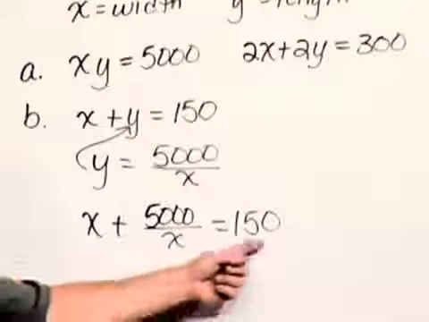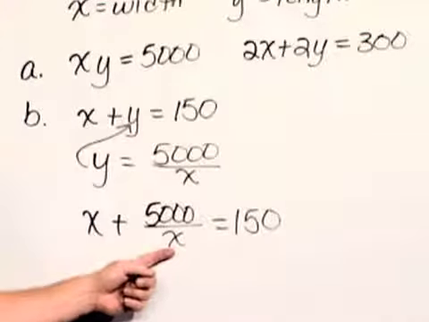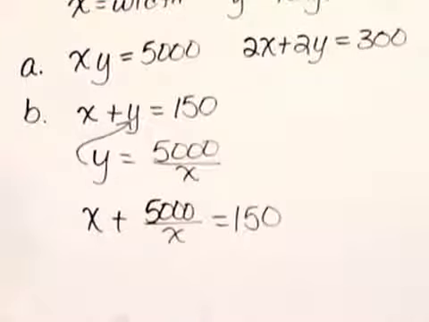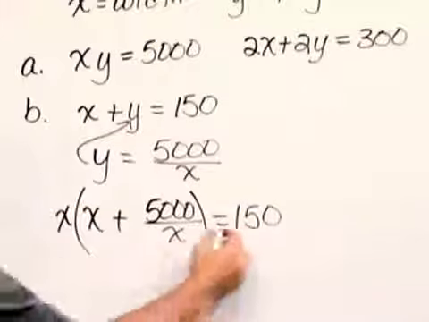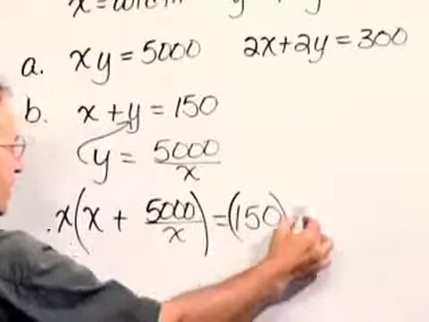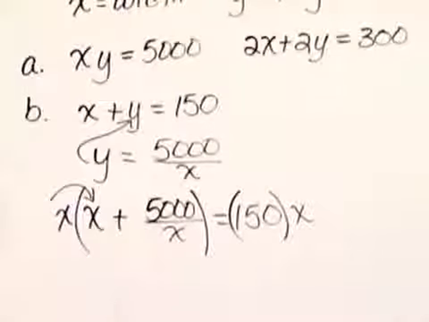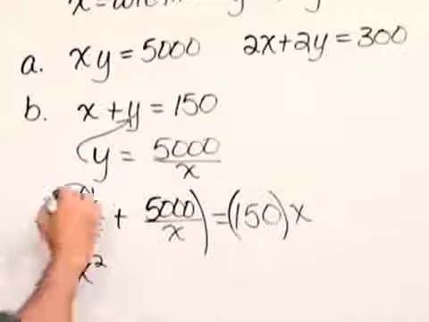We now have an equation in which there is a fraction, and so we need to multiply both sides by x so that we can clear the fraction. So we're going to multiply the left side by x, and we're going to multiply the right side by x. Distributing the x on the left-hand side yields x squared.